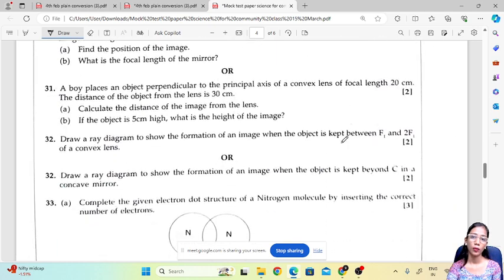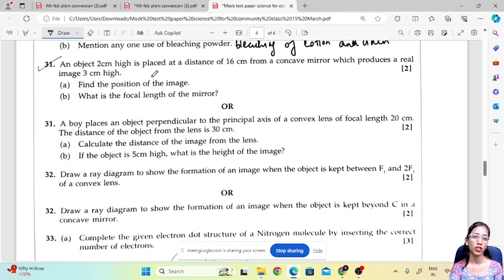Okay, now we come to the 31st question. These questions are from the chapter Light. These are numericals, so we have to be careful while solving them. One thing we need to know is which is your strength, the reflection part or the refraction part.